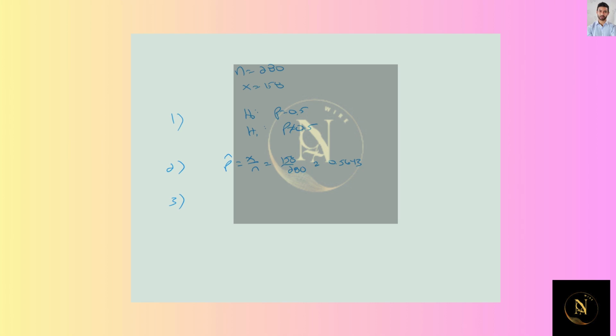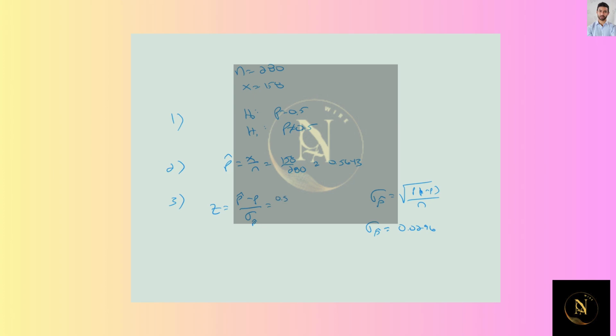test statistic. The test statistic would be p hat minus p over the standard deviation of the distribution, and that is the square root of p times 1 minus p over n, which is 0.0296.